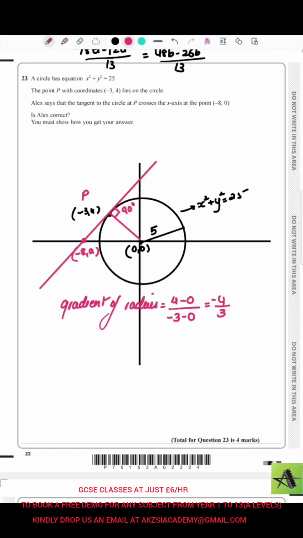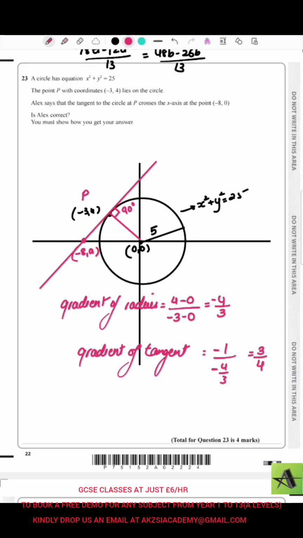So if this is -4 over 3, then the gradient of the tangent is the negative reciprocal of this one, that is 3 over 4. That's the gradient of the tangent.